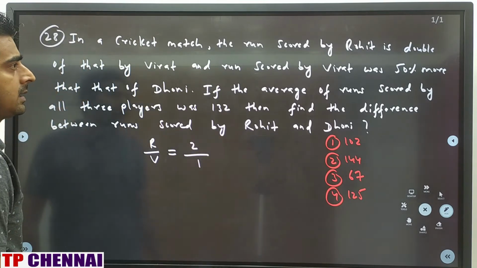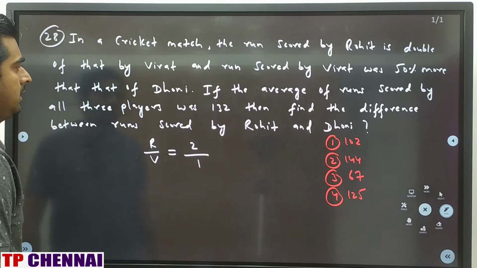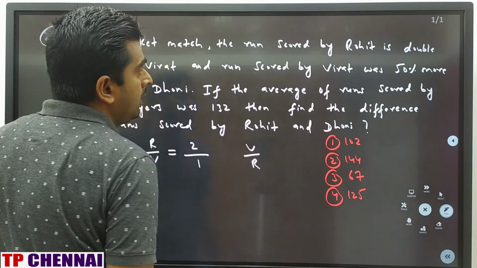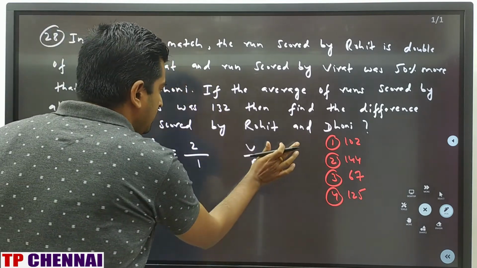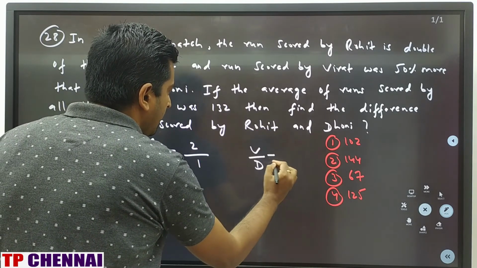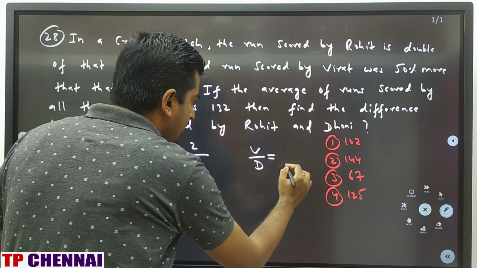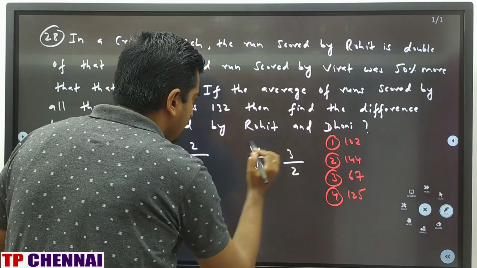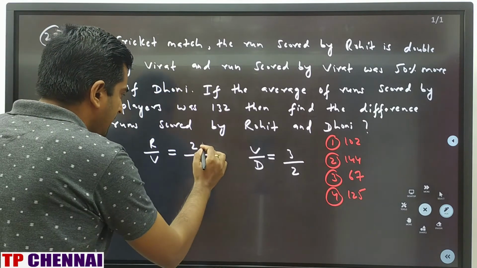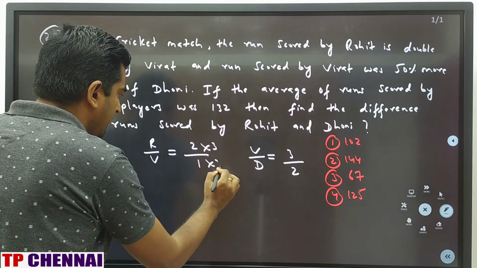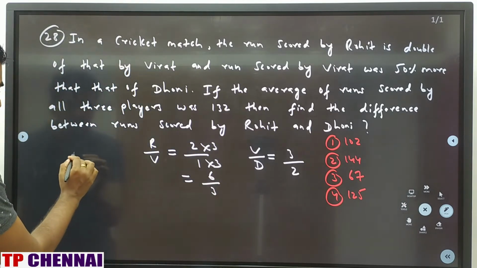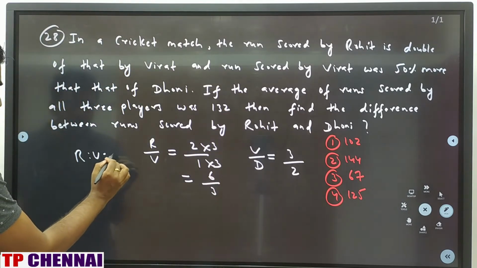Then they are comparing Virat with Dhoni. Virat is 50% more. If Dhoni is 2, Virat is 3. But Virat is 1 here, Virat is 3 there. It's not good. Multiply this one by 3, multiply this one by 3. This is 6:3.